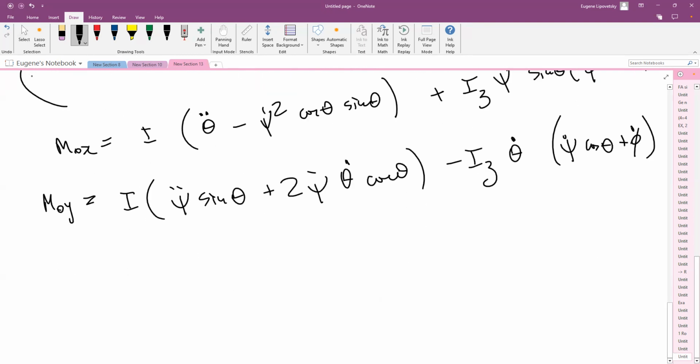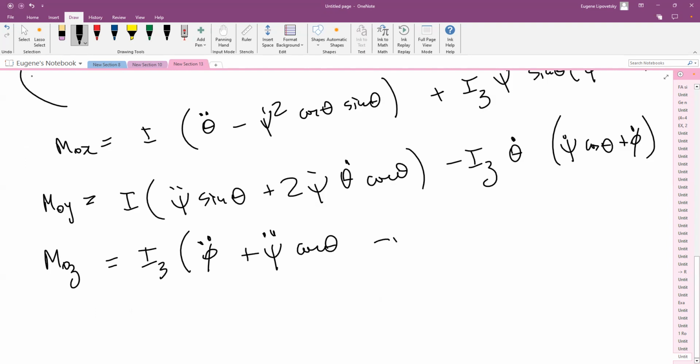And now MOZ equals I sub z times phi double dot plus psi double dot cos theta minus psi dot theta dot sine theta. So these are the differential equations of motion, second order, nonlinear ODEs in theta, psi, and phi, right?